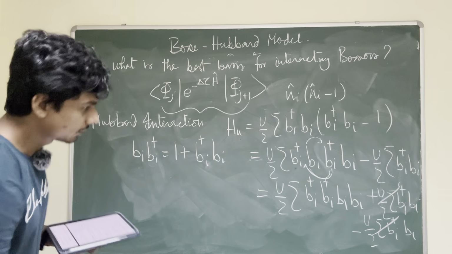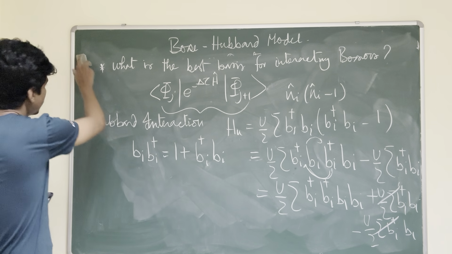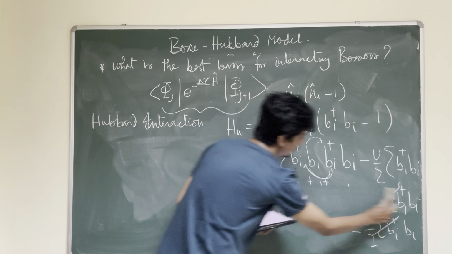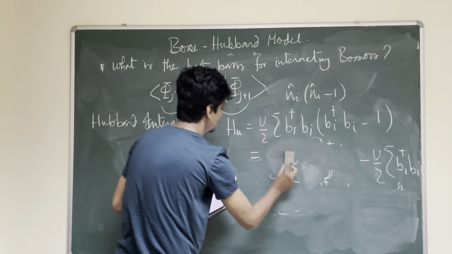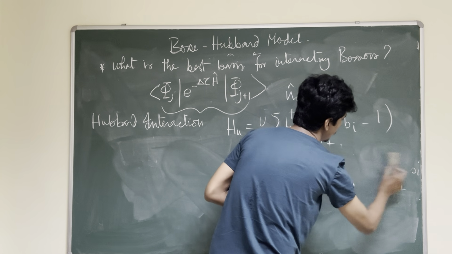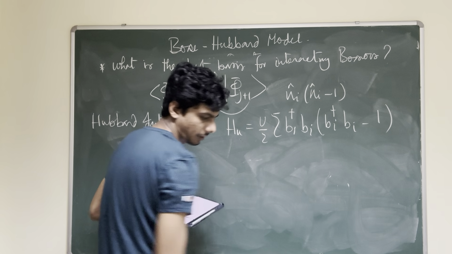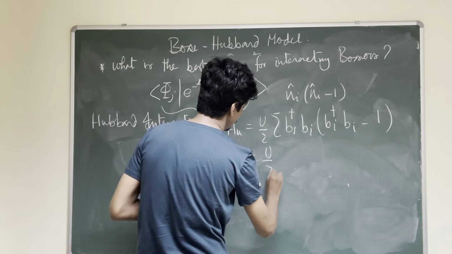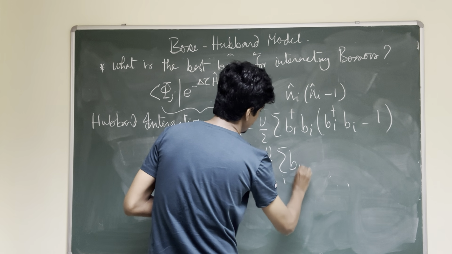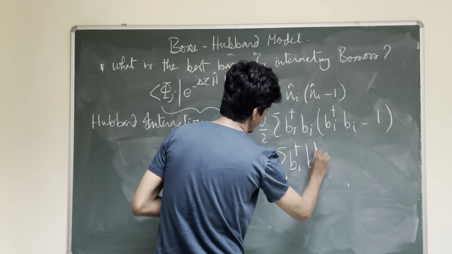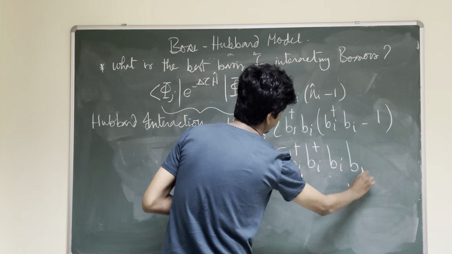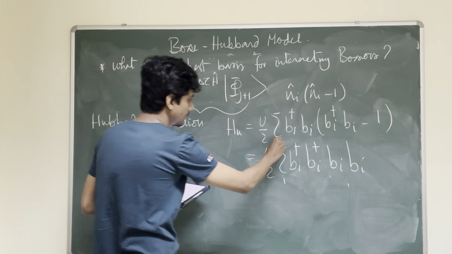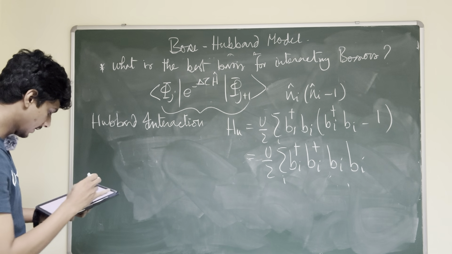So simply from the normal ordering, I obtain the Hubbard interaction. We can simply write this as U by 2 sum over i Bi dagger Bi dagger Bi Bi. So it simply creates something called the phi-4 theory. So it's a very good thing.